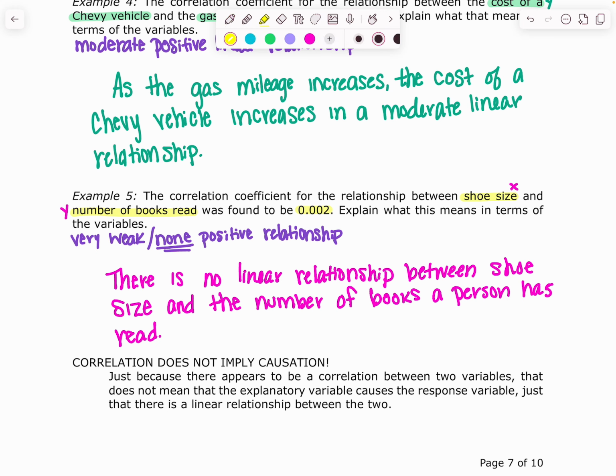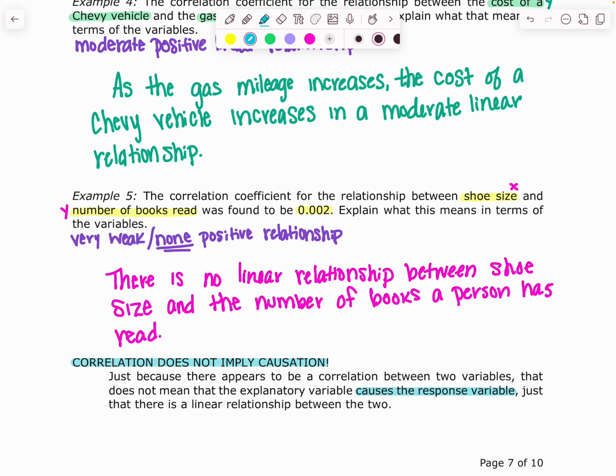And then my last thing on here is just a word of warning. Correlation does not imply causation. So just because there appears to be a correlation between two variables, that does not mean that the explanatory variable causes the response variable. It just means that there is a linear relationship between the two.